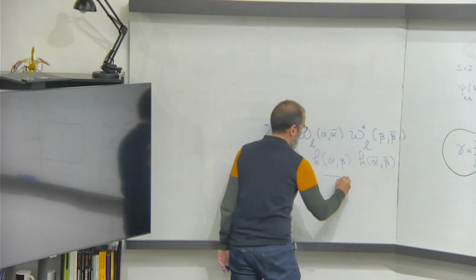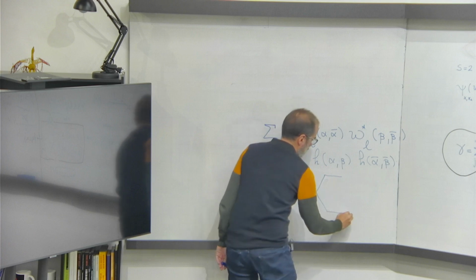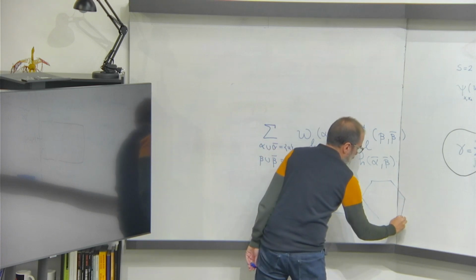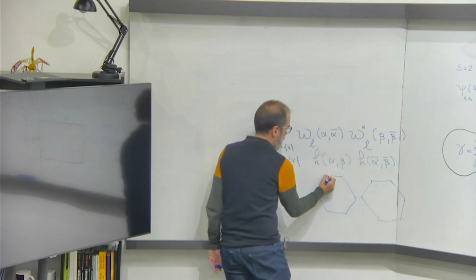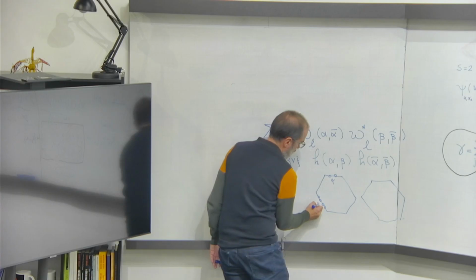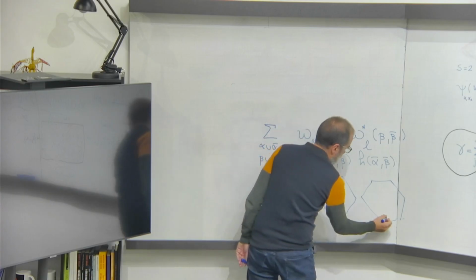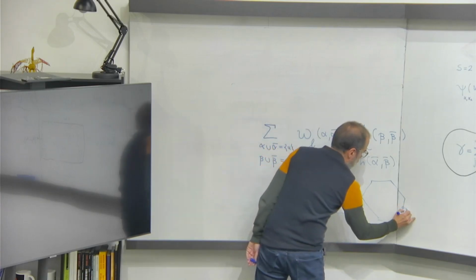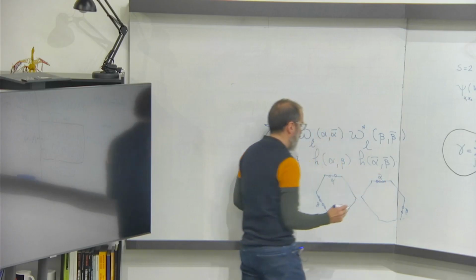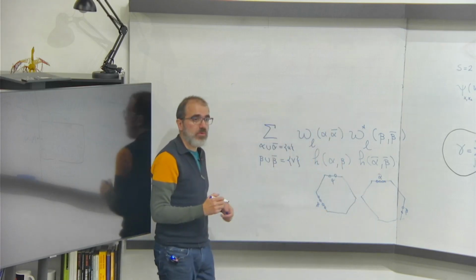And in pictures, I would draw this picture. I would say that I have a hexagon here times a hexagon here. And in this hexagon, I get some alpha and some beta. And in this guy, I got some beta and some alpha bar. I wrote here an example with spin 6 for both operators.